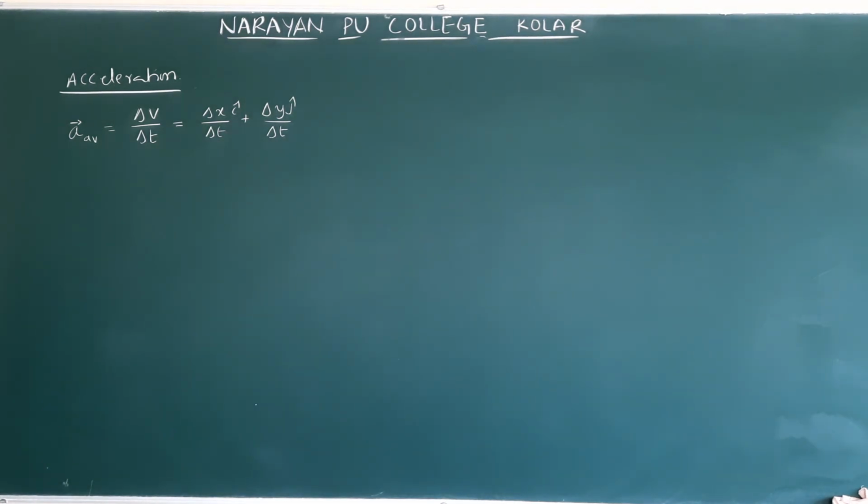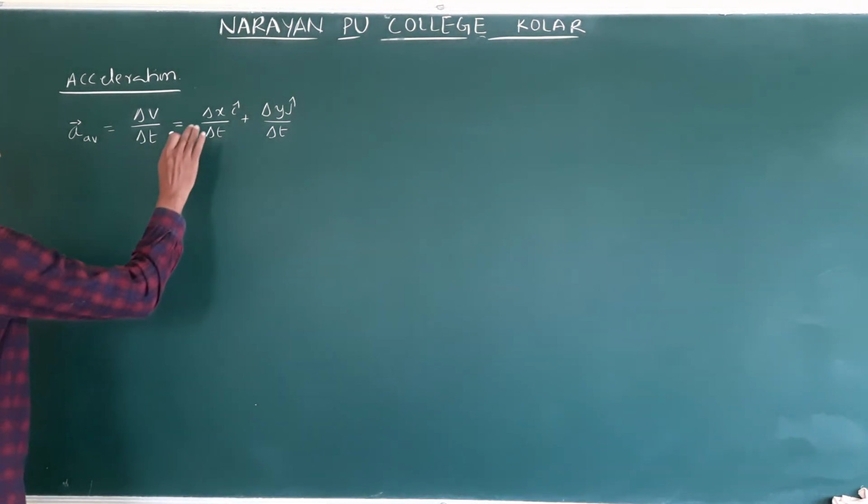Clear? So this is average acceleration vector. Clear? Average acceleration equation is this one, delta v by delta t. This we will write delta x i cap by, sorry, not delta x.